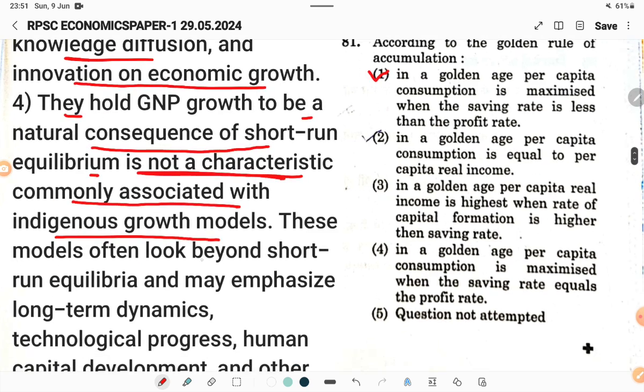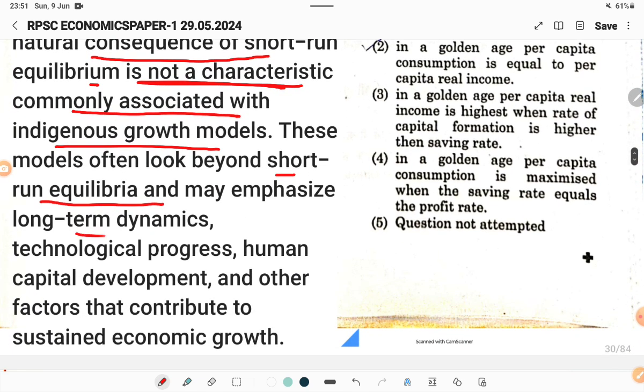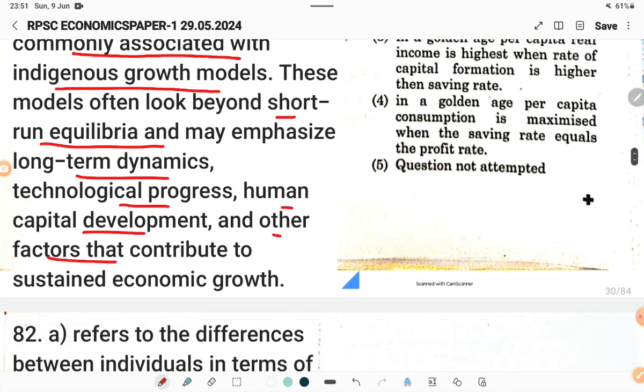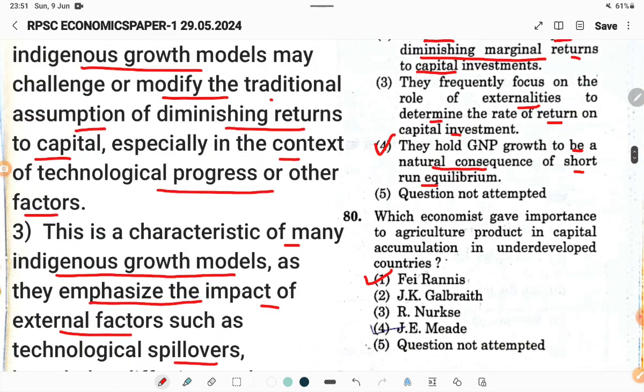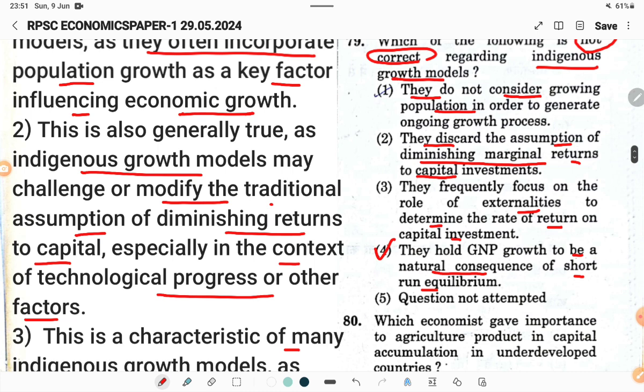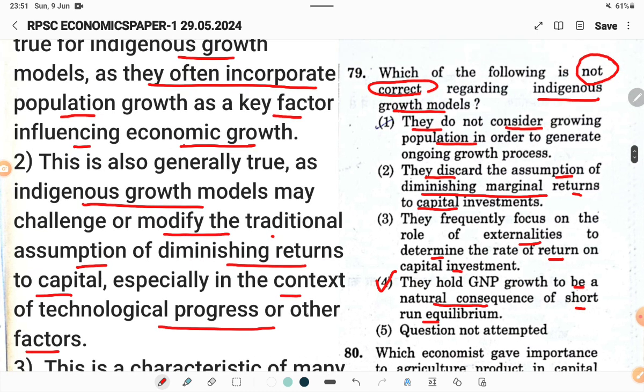These models often look beyond short-term equilibria and may emphasize long-term dynamics, technological progress, human capital development, and other factors that contribute to sustained economic growth. So that's why the fourth one will be the right answer, or not correct regarding endogenous growth models, and all three statements are correct for the endogenous growth models.